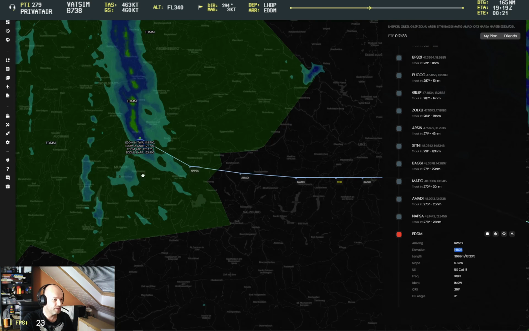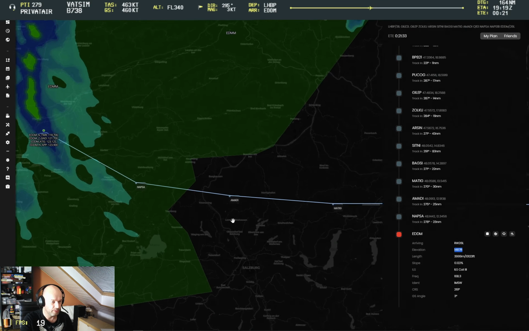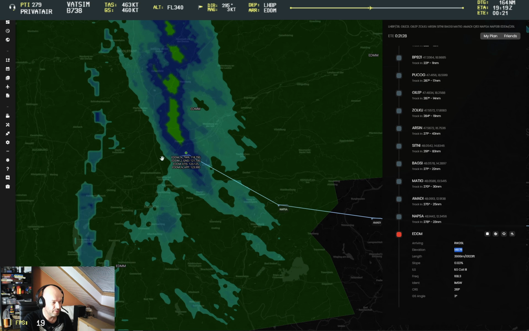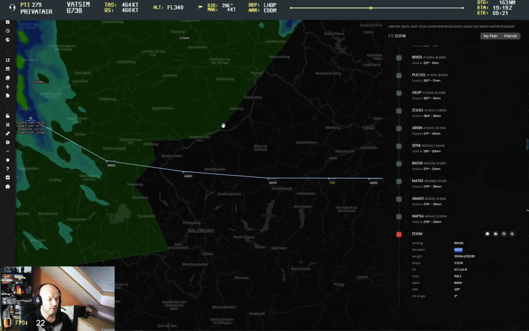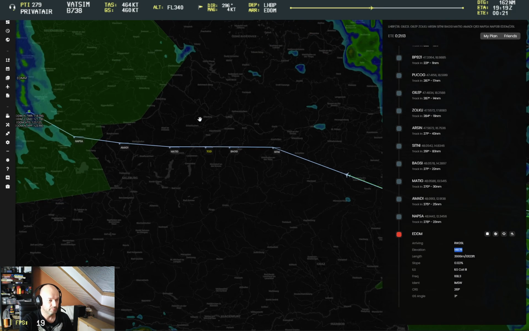And as you can see, our last waypoint here on our flight plan is Napsa, and that is south of the airport. Here's the airport. We can expect to land runway 26 left, and this is what we will now insert into the FMS of our plane. Let's have a look.